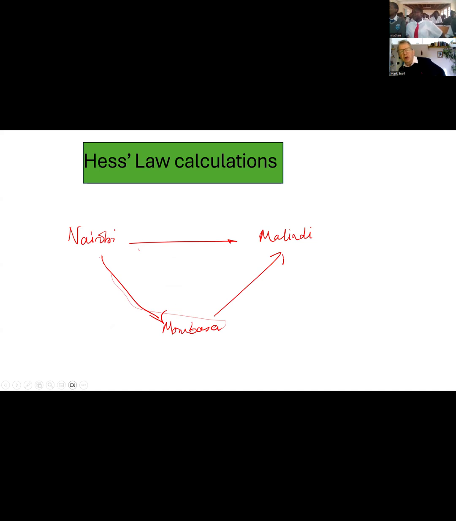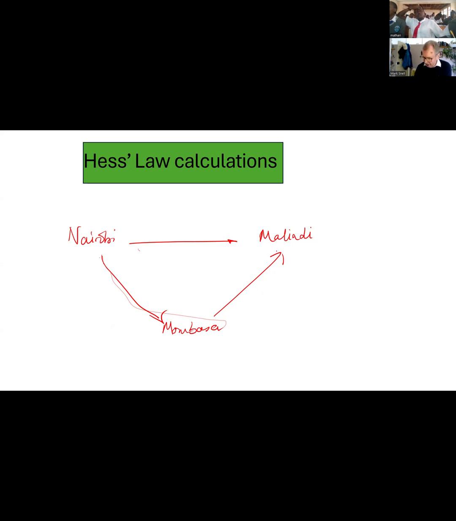Now, if I'm trying to get from Nairobi to Malindi, it is important that I know which tickets I have to use. So I have a ticket here from Nairobi to Malindi. If I have a Nairobi to Mombasa ticket, that's fine.